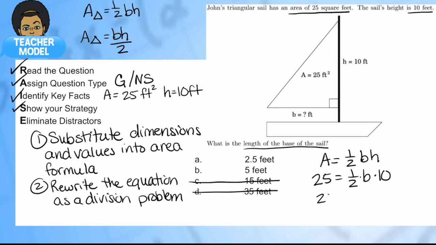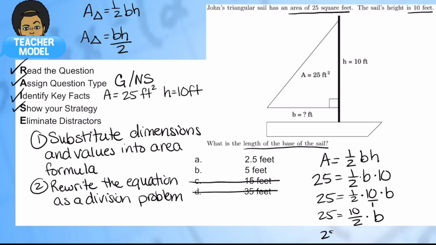Okay. So I'm going to rewrite this for a second. 1/2 times 10 times the base. I know what 1/2 times 10 can equal. I'm going to put a little 1 there. That means 25 is equal to 10 over 2 times the base. We can simplify that a little more. 10 over 2 is the same as 5.